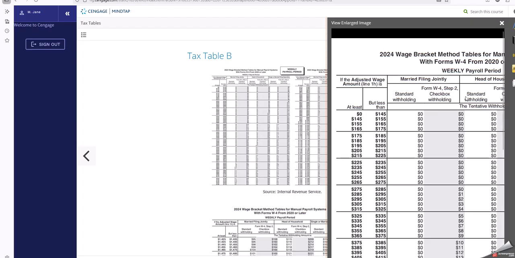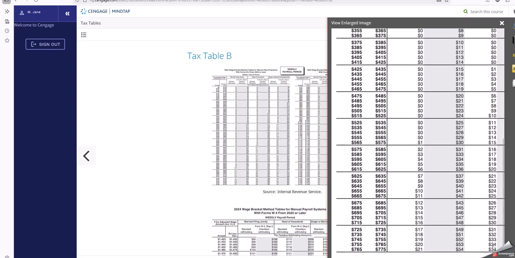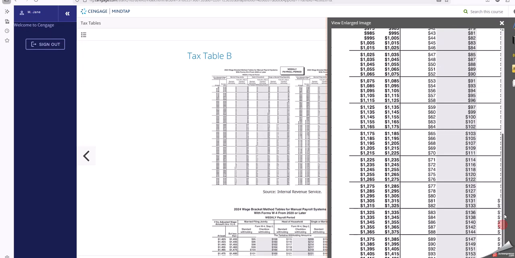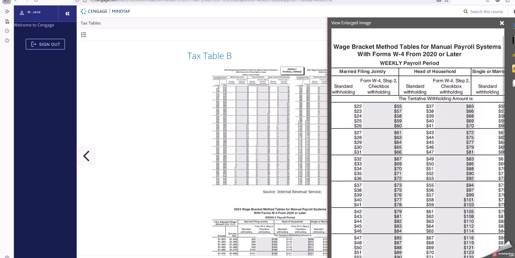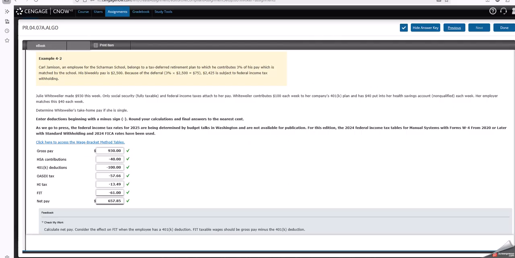So we're in weekly, and we are looking for $830. So we'll go down, and then we'll go over. Okay, so 830, she's in this first row here in the second box, and then we'll go over to single, so that would be 61. So let's see if that's right.